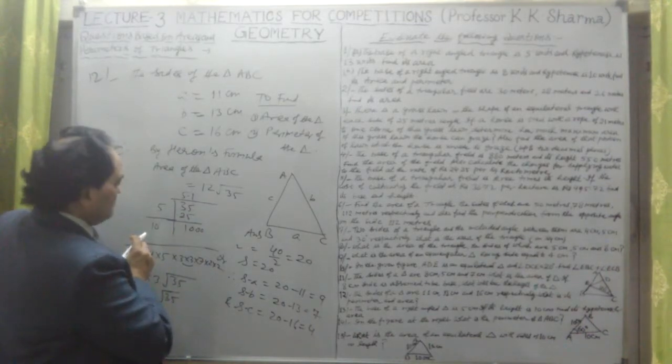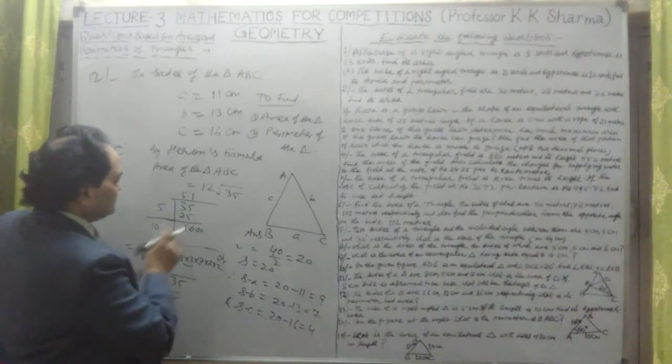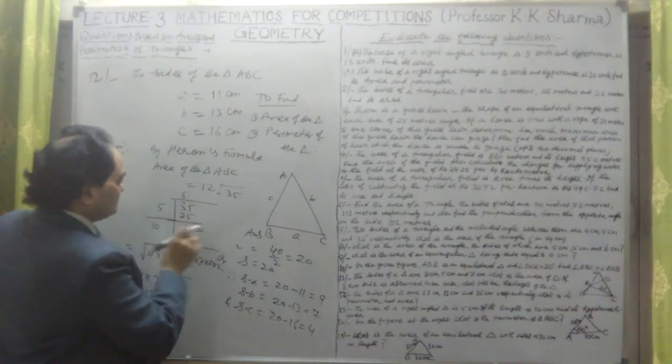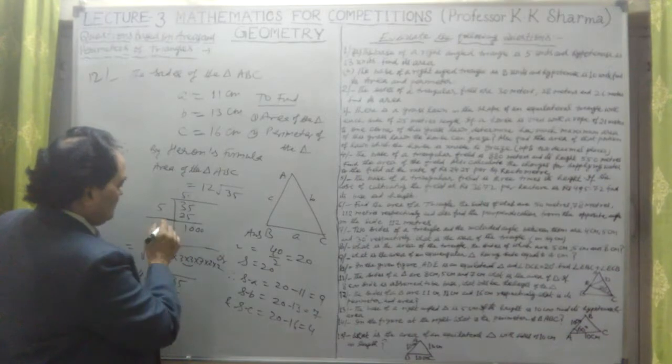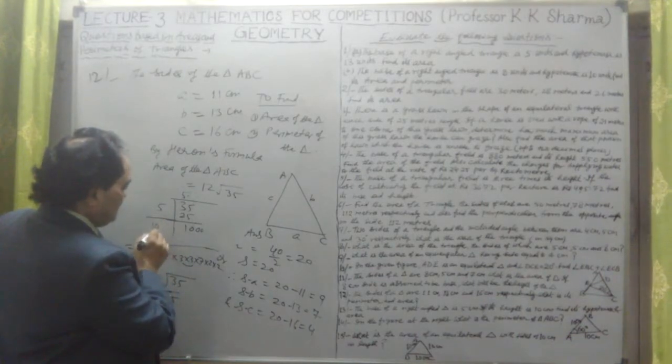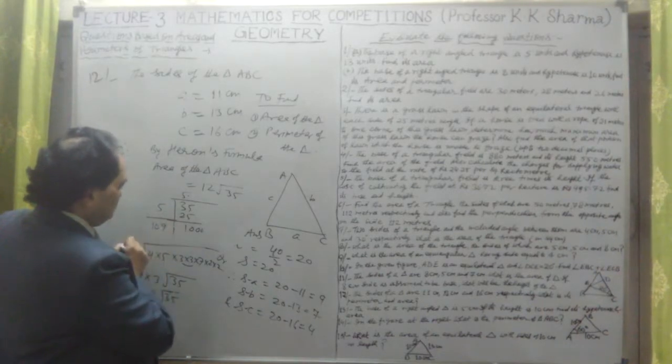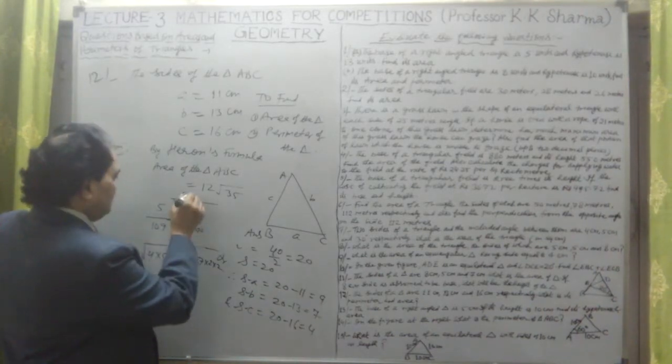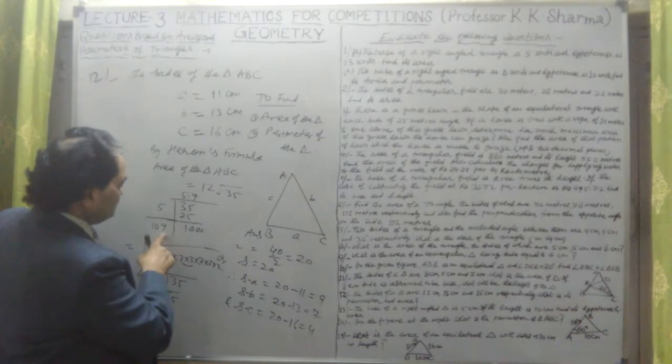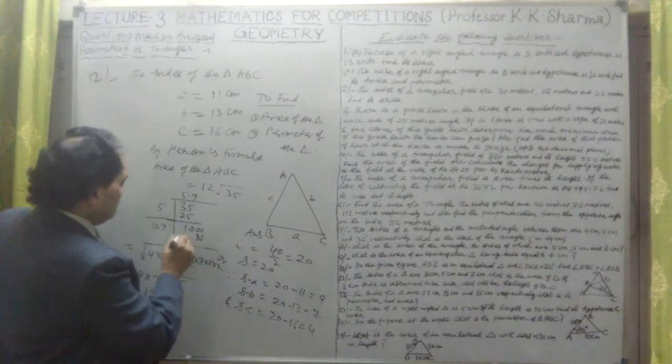Now if I put some number, suppose 9 here, 9 9s are 81 and this is 900, so 981.